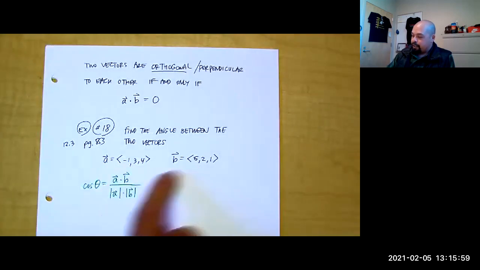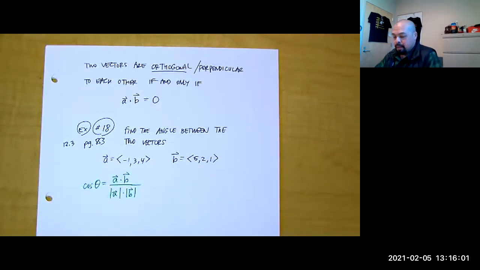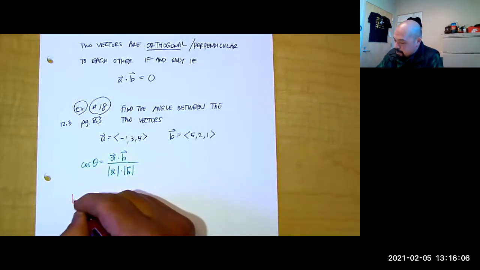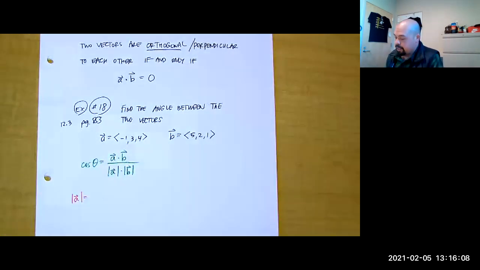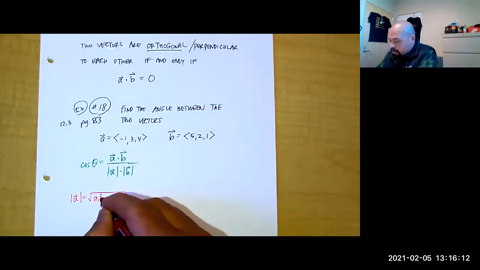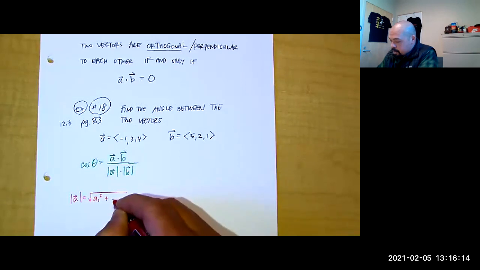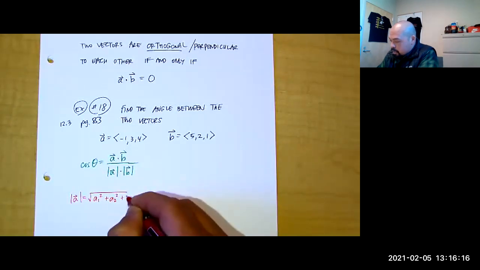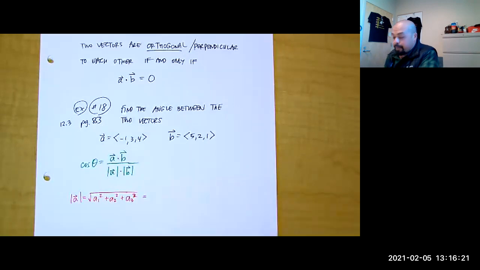So we have our two vectors. We'll do the dot product in just a moment. Before I get there, let's think about the magnitude. So the magnitude of vector A, the square root of the sums of the squares of its components. Squared, sorry.